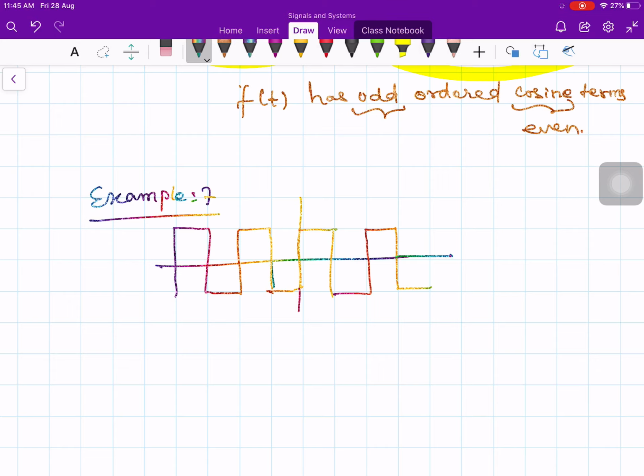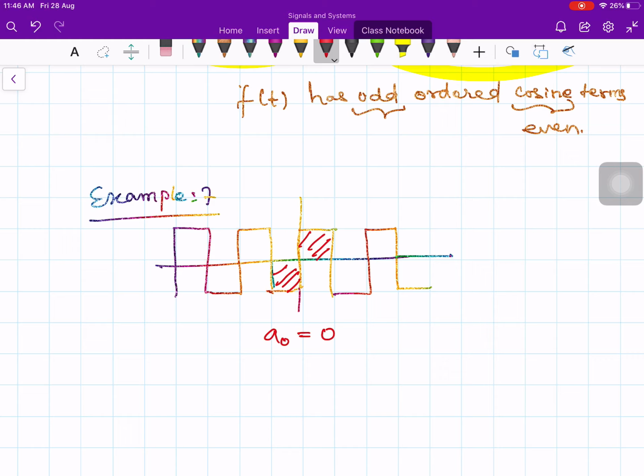We are asked to find its Fourier series expansion. We can see straight away that the positive half cycle and the negative half cycle have equal areas. Therefore, straight away you can write A naught is equal to 0. No need to calculate. The positive area will cancel with the negative area.